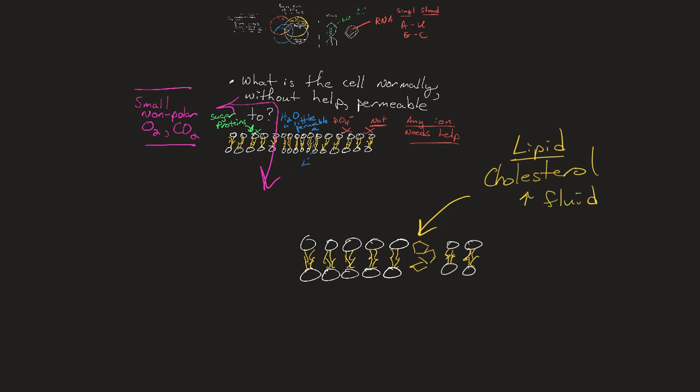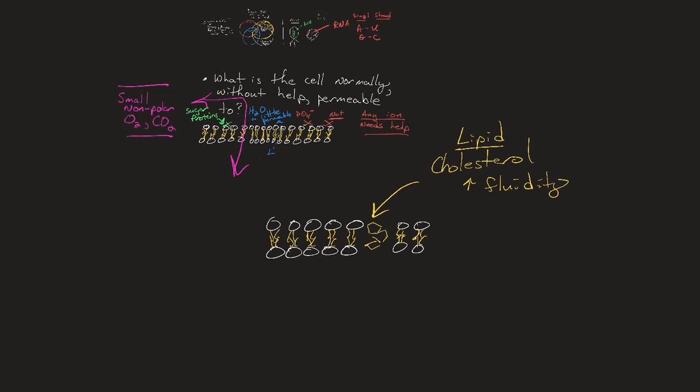It keeps the membrane fluid, so it stops the cells from freezing. In the winter, you have more cholesterol in your membranes than you do in the summer. In general, cholesterol stabilizes the membrane. Remember, it's always moving, and obviously when it's hotter, it's going to be more fluid. You don't want the membrane to be too fluid.